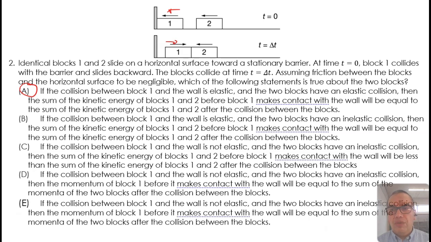In the case of option C, if the collision between block 1 and the wall is not elastic, and the two blocks have an inelastic collision, then the sum of the kinetic energy of blocks 1 and 2 before block 1 makes contact with the wall will be less than the sum of the kinetic energy of blocks 1 and 2 after the collision between the blocks.